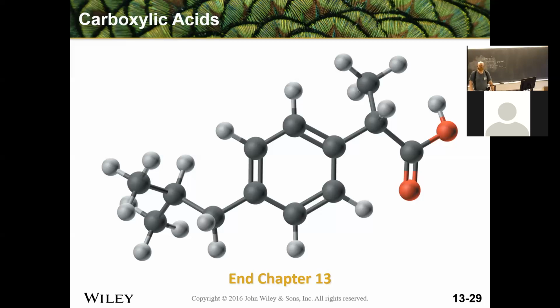Butyric acid is a terrible smelling compound. When butter goes rancid, you know without a doubt that it is rancid. This smells like vomit.